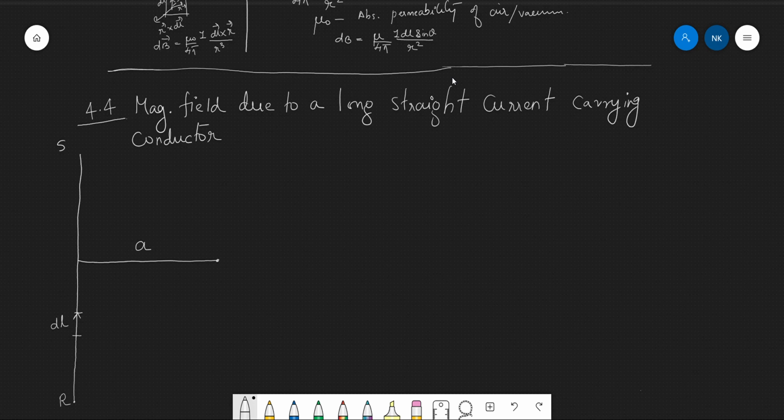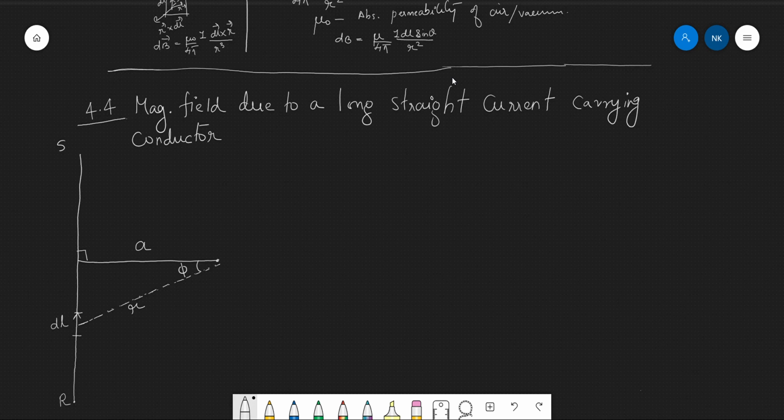and let me mark this distance as small letter r, and let this angle be phi. So this angle is 90 degrees.